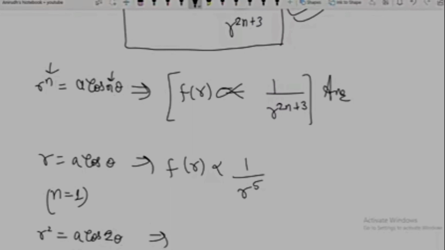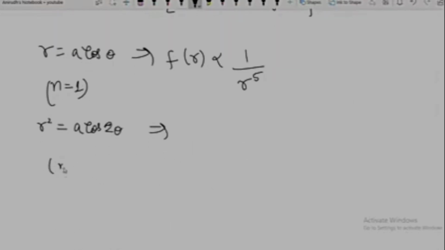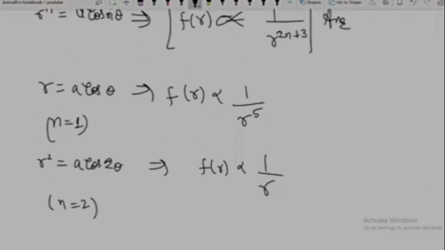We have to substitute the value of n in the formula. For the second case, we can write 2 into 2 plus 3, that is 1 by r power 7. So these are the tricks we can use to solve these questions in seconds.